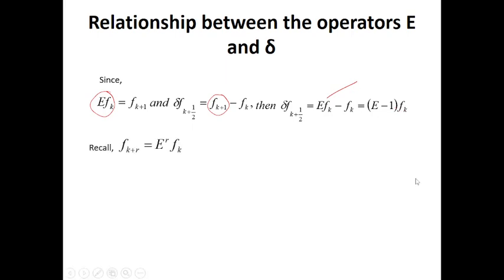So recall natin that f sub k plus r, no? So yung plus r na yon, para mawala at maging k na lang, mag-introduce tayo ng shift operator, E to the r f sub k. Since delta f sub k plus 1 half equals delta E to the 1 half f sub k, no?